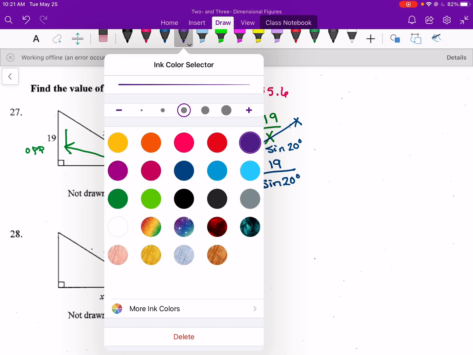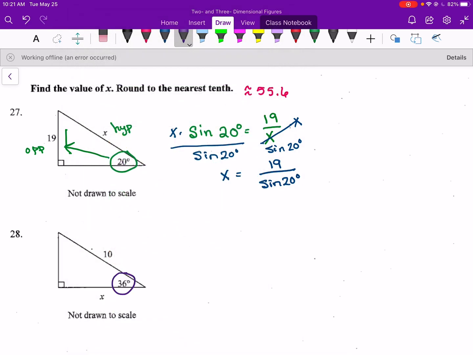On the next problem, we have 36 degrees. The x is the adjacent side. The 10 is the hypotenuse. The trig function that uses adjacent and hypotenuse is cosine. So this time we have 36. Cosine of 36 is adjacent over hypotenuse.